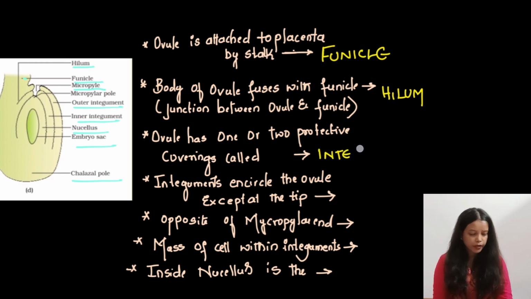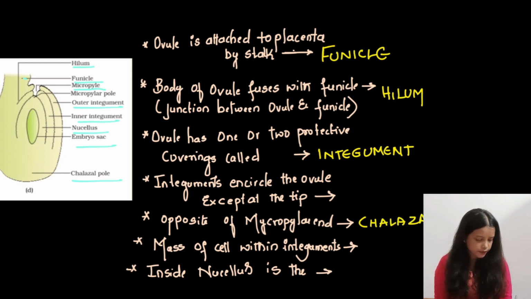Next, integuments encircle the ovule except the tip. If you know the answer, comment down below. We'll proceed to next. Opposite of micropylar end is chalaza. Next, the mass of cells within integument is nucellus. Next, inside nucellus is embryo sac.